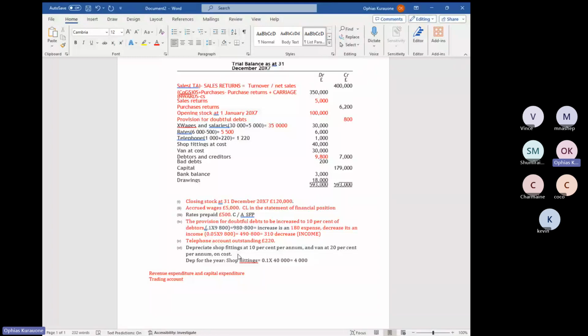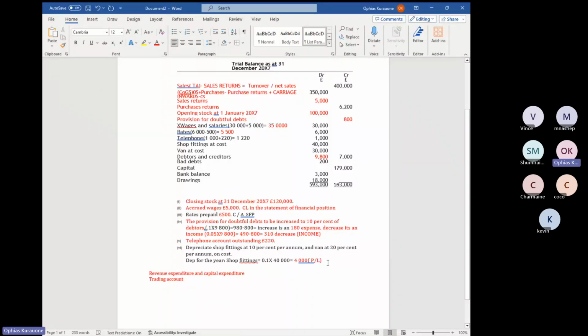So this is the depreciation for the year. And this should be presented in the profit and loss account, PL. We need to present this figure in the PL. So you say depreciation, shop fittings, 4,000. So you pick 4,000 here, not 40,000, because we only account for depreciation.